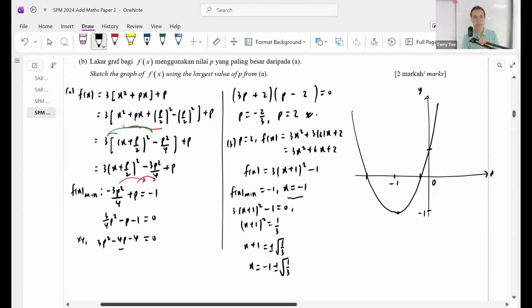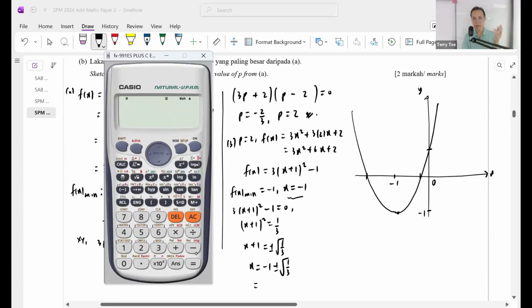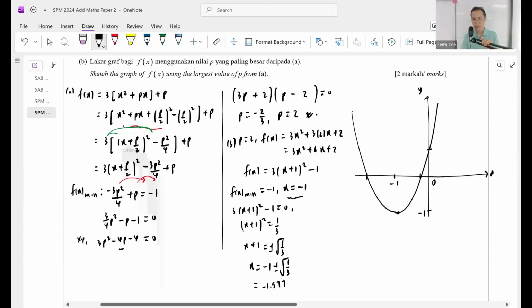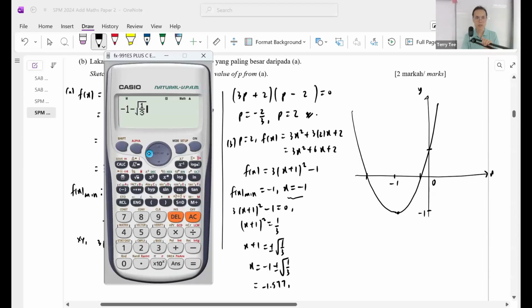Up to you how you want to rewrite this. You can change to decimal, or don't change to decimal, also okay. So if I were to change to decimal, this will be negative 1.577. Second one, I just change the minus to plus.